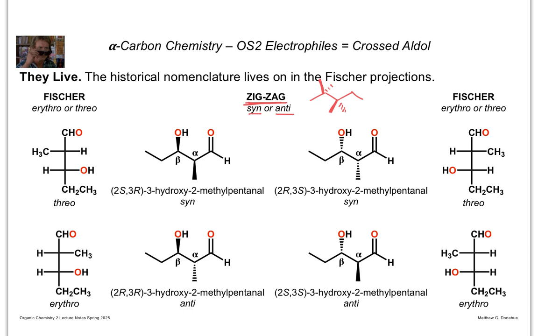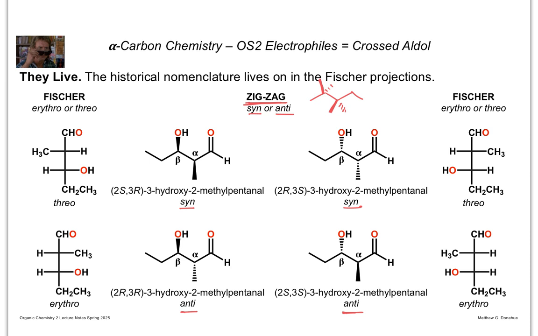The top two stereoisomers are called syn. In the relationship between the alpha and the beta substituents, they're on the same side, so syn. Then the bottom two, that pair of enantiomers, those are anti.